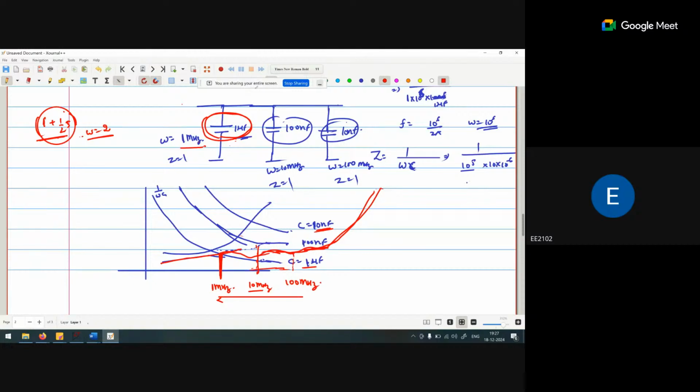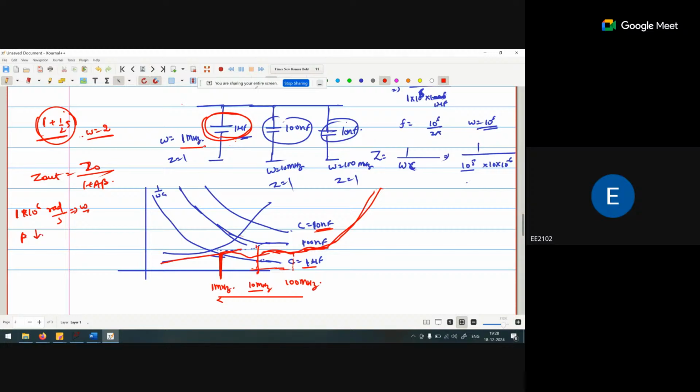Why? Because Z out is equal to Z naught upon 1 plus A beta. So if I say that 1 into 10 raised to the power 6 radian per second is my omega, at this particular frequency my beta value will be minimum.